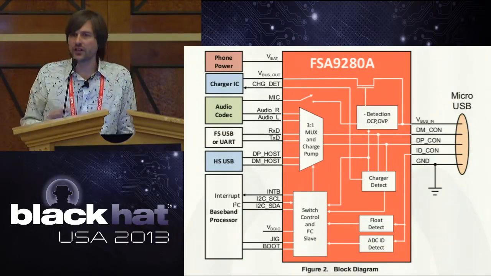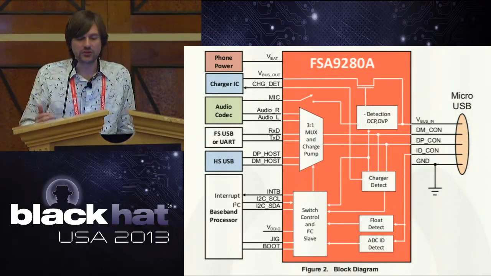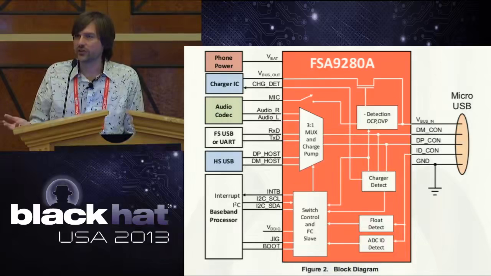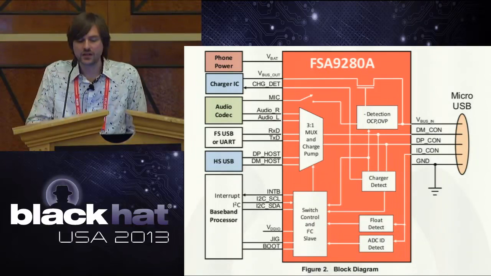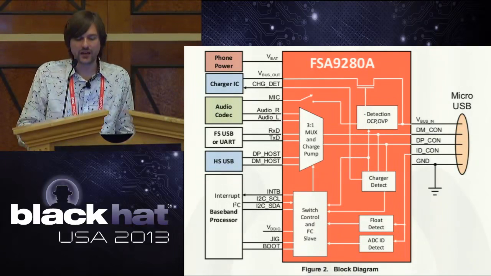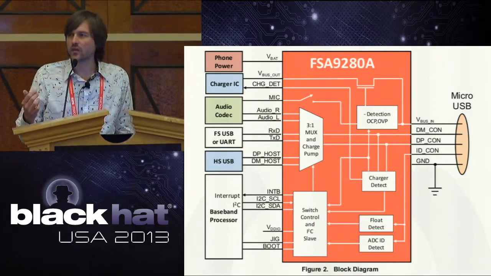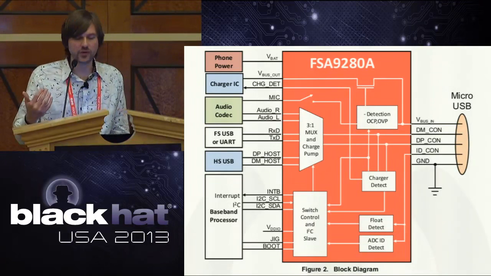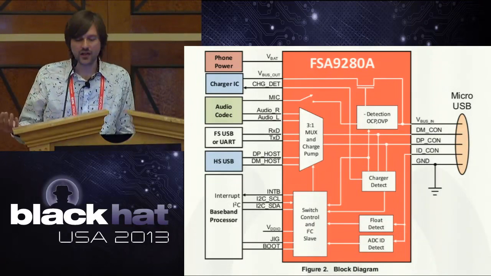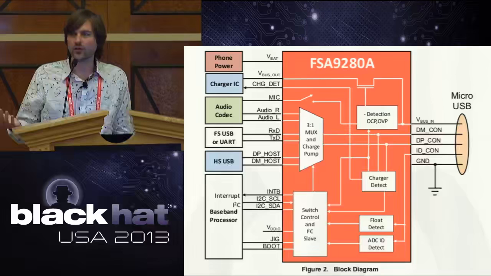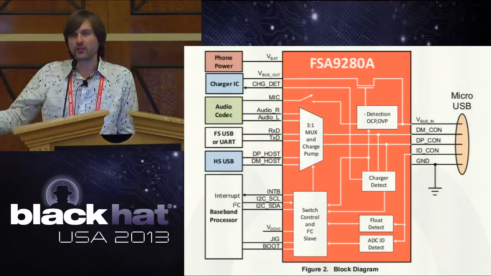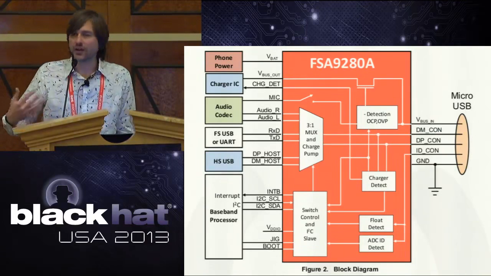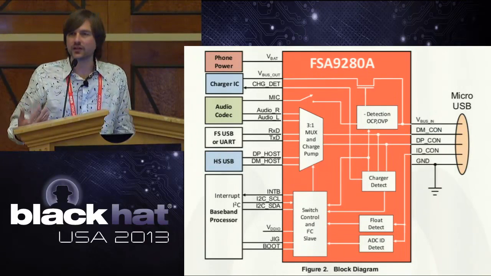But there are other things that it can switch to. It can switch to an audio codec. It can switch to a UART with receive and transmit pins. And it also has control and an interface to talk to a baseband processor or some kind of a microcontroller that controls this chip and also interrogates this chip to find out what devices it thinks are connected at a particular time.